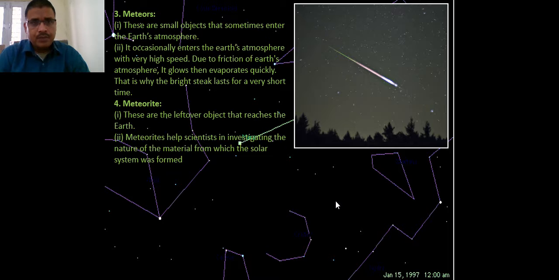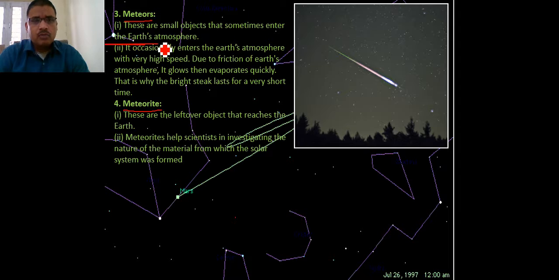And there are other terms called meteoroids, meteors and meteorites. These are two other kinds of things which we also have to discuss here. One is meteors.